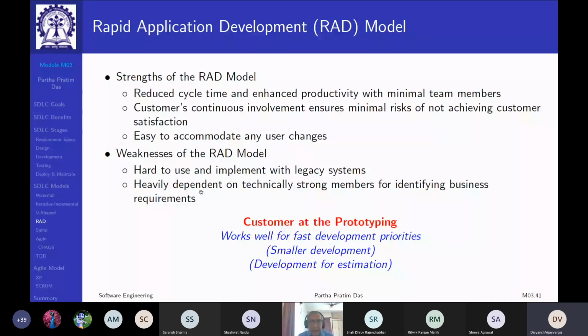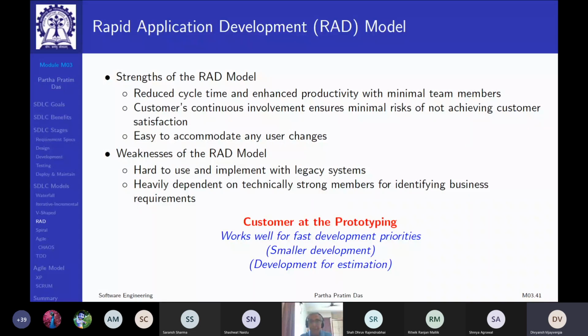So it can reduce the cycle time and enhance productivity with minimal team members, because you are reusing the team members in every iteration of the prototype, and the customer is continuously involved.